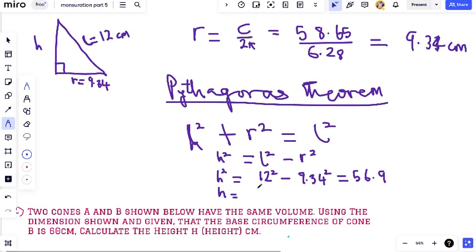h is the square root of 56.9. So what do we get? 7.54.